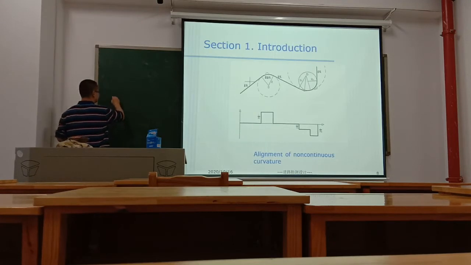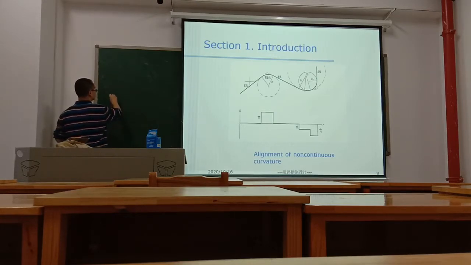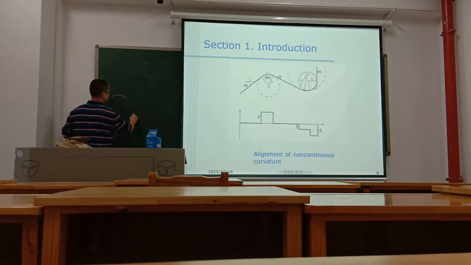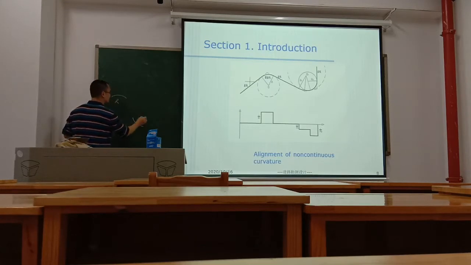For example, this is circular curve 1, R1. This is circular curve 2, R2.